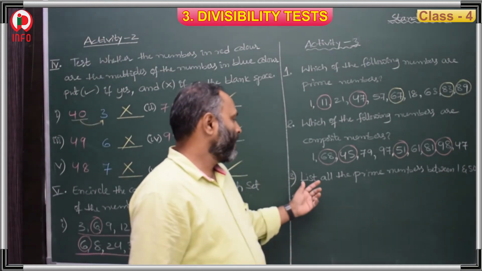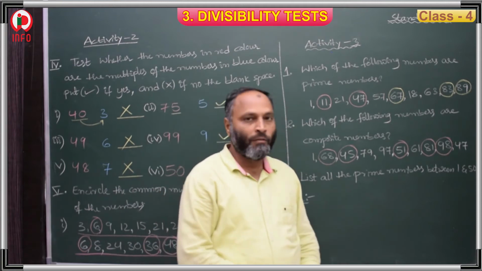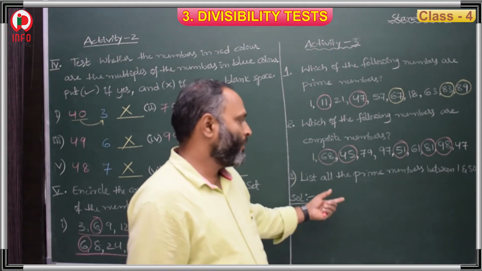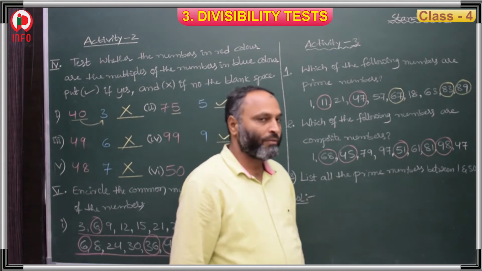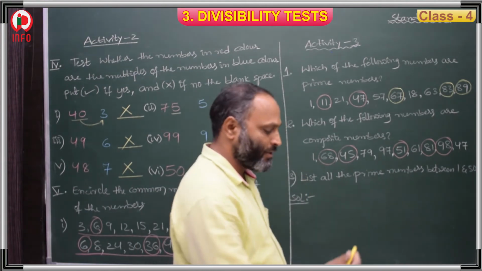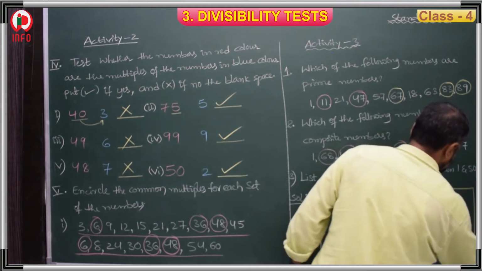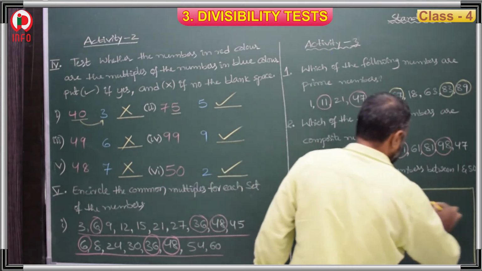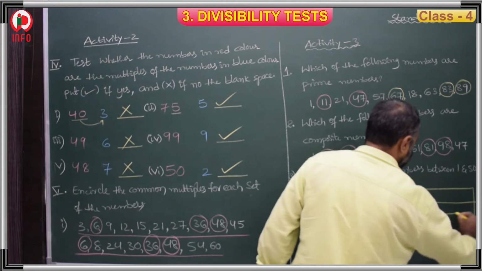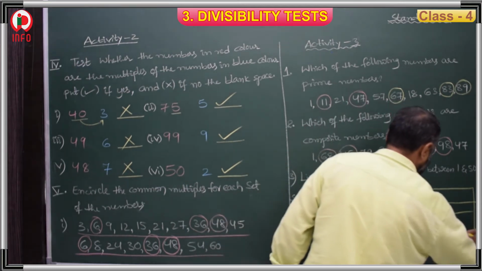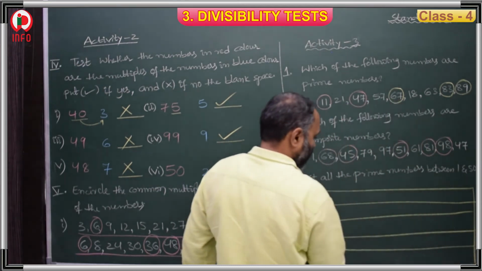Next, list all prime numbers between 1 to 50. Before, we wrote all prime numbers from 1 to 100. In the same way, first prepare a table.